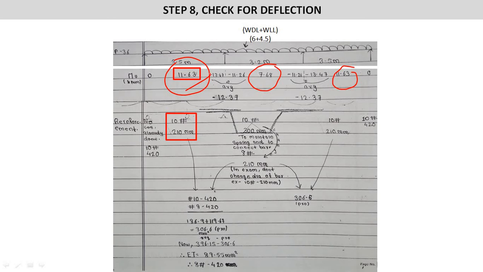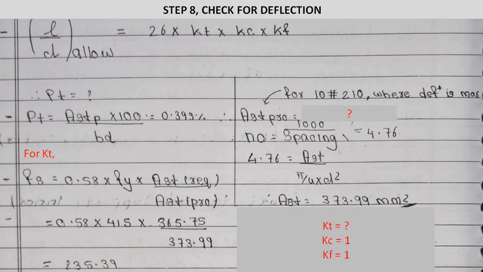We will check the deflection by using the higher value of bending moment, and we will also see the reinforcement detailing, or the reinforcement provided, at that location. So first we will use the value of bending moment as 11.63 kilonewton meter because it is the maximum of these three values.